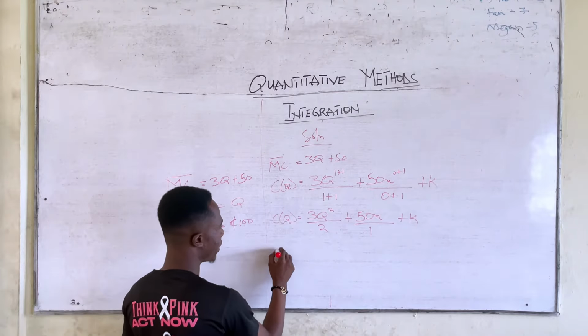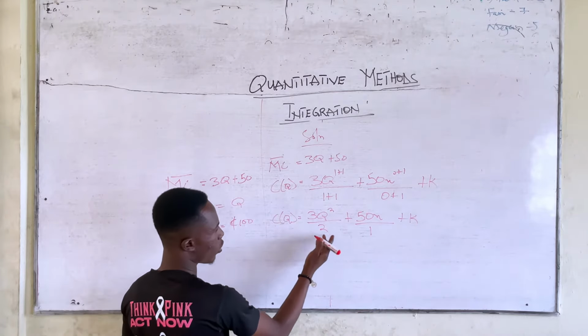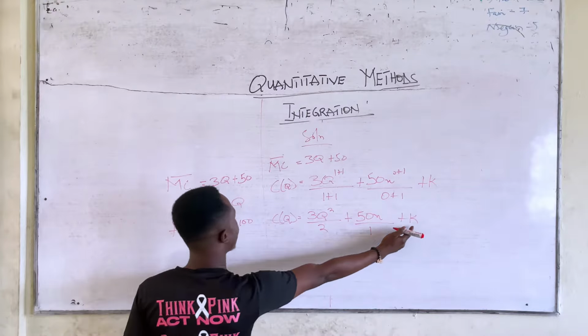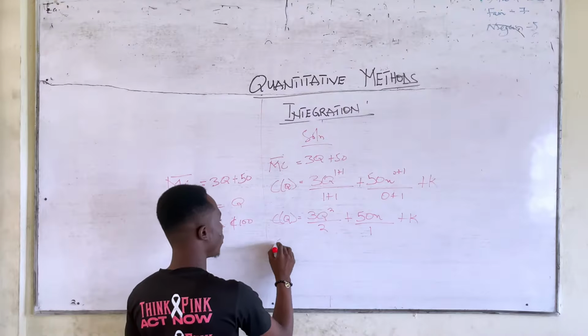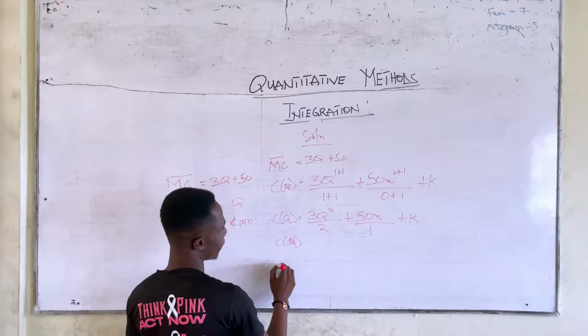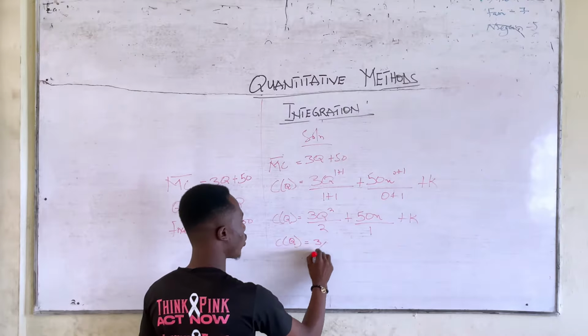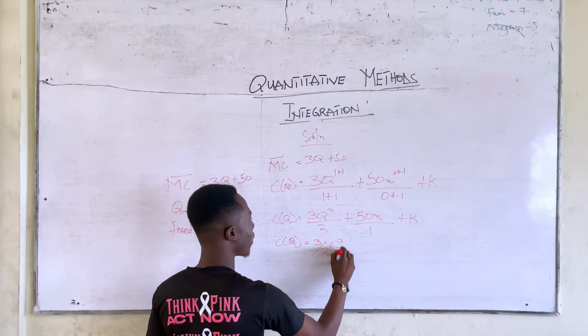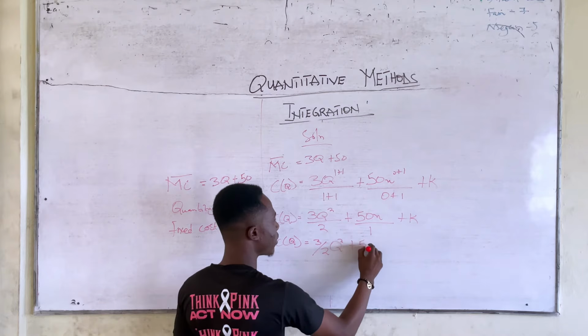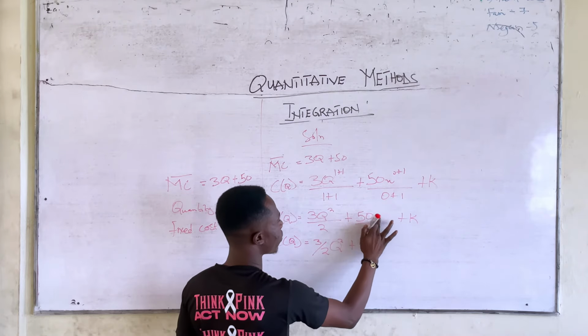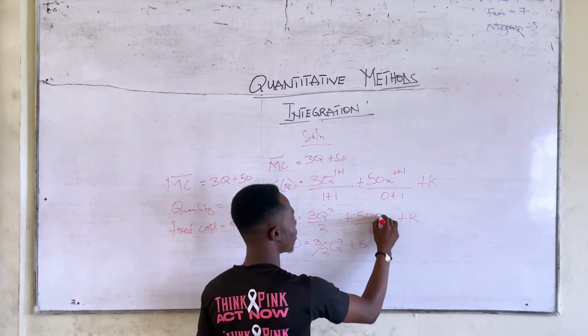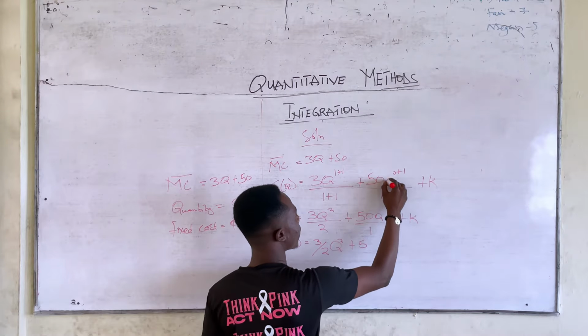Okay, we have k here, so we are not done. We have C of Q is equal to 3 on 2 q squared plus 50. Is that supposed to be q? Yeah, sorry, forgive me. Yeah, q.